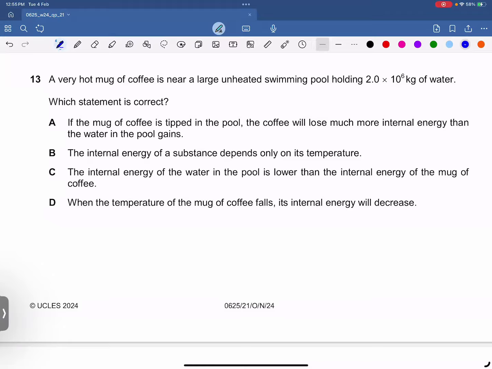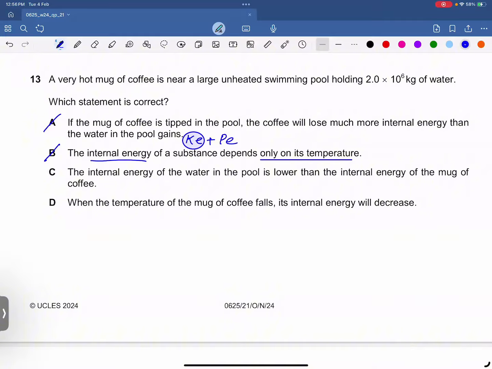No, my dear, the mass of water is much more than the coffee, so this will not take place. Internal energy of a substance depends only on the temperature. No, not only temperature. Internal energy is actually kinetic plus potential energies. Kinetic depends upon temperature, but potential depends upon the separation. So B is also wrong.